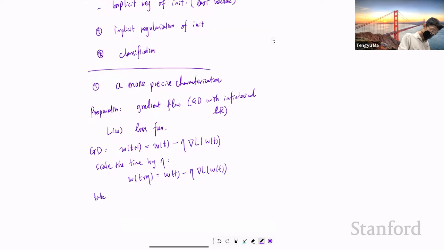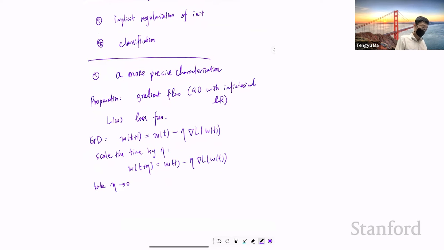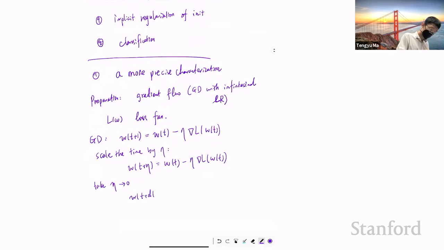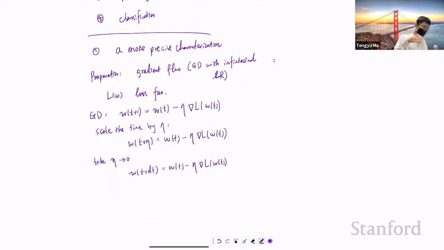Take eta to go to 0, and then this becomes a differential equation, or kind of a continuous process. You can write this as w(t+dt) equals w(t) minus eta gradient L(w(t)). Depending on what kind of community you come from, you can also write this as w dot t, the derivative with respect to t.